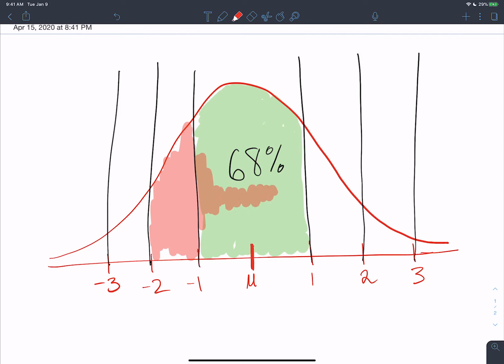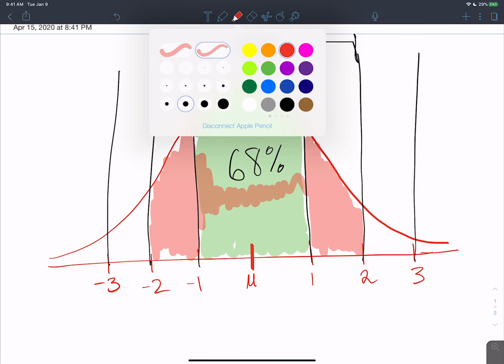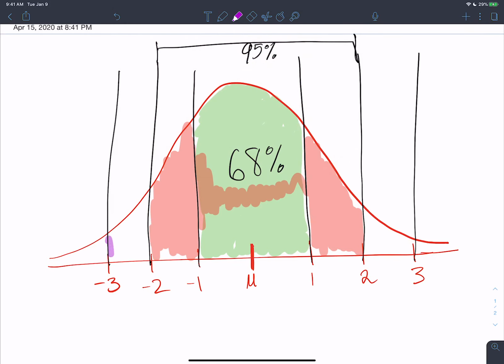I'm going to just connect it like this. And then three is 99.7.